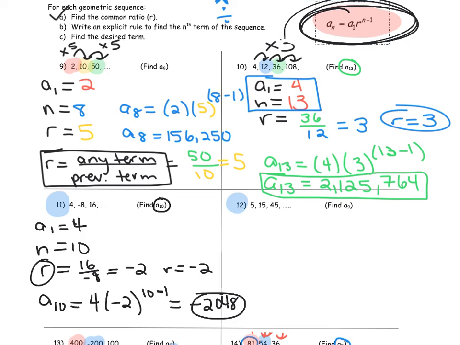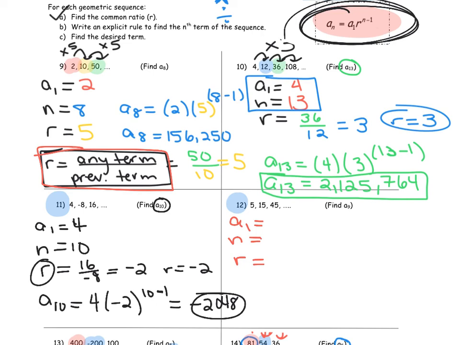Very quickly, let's take a look at question number 12. Again, we have to identify our first term, our n value, and our common ratio. That common ratio comes from taking any term and dividing it by the previous term.